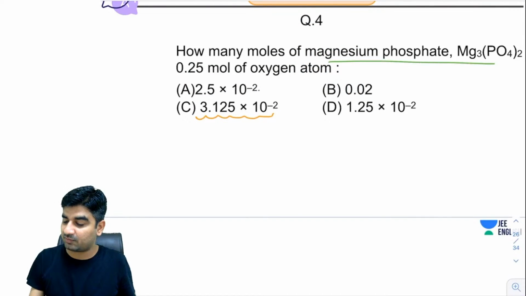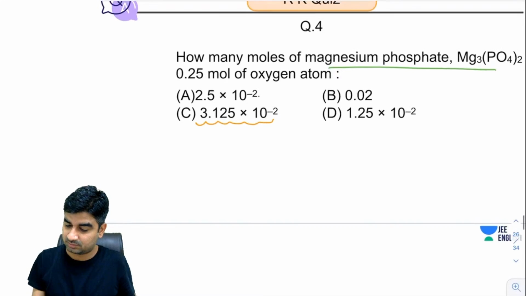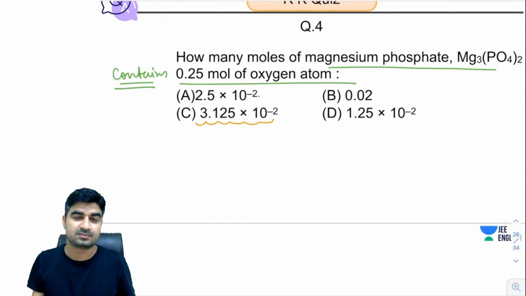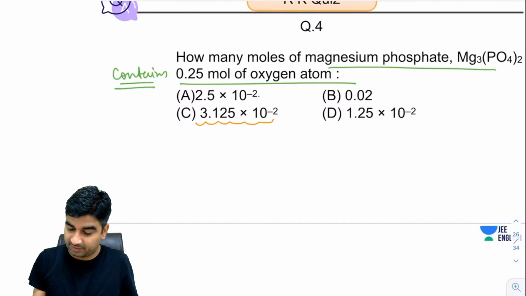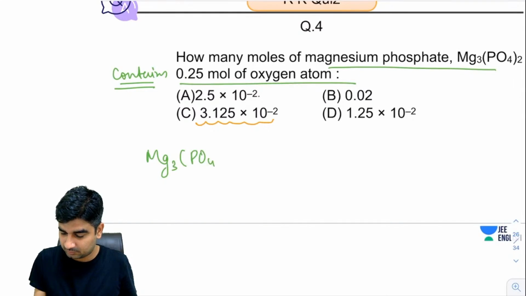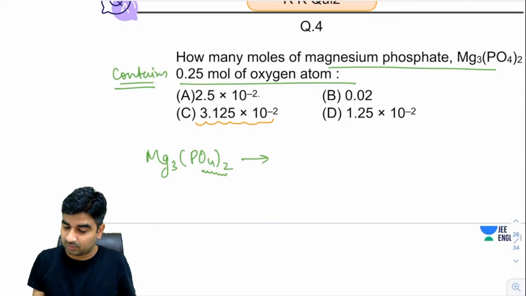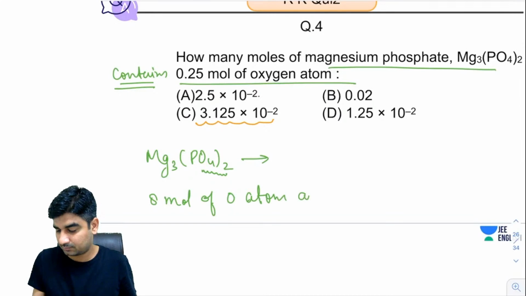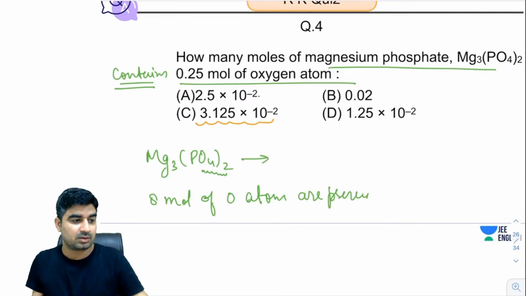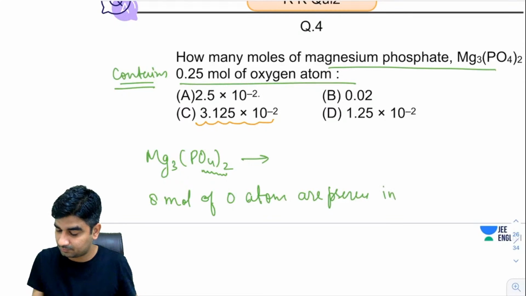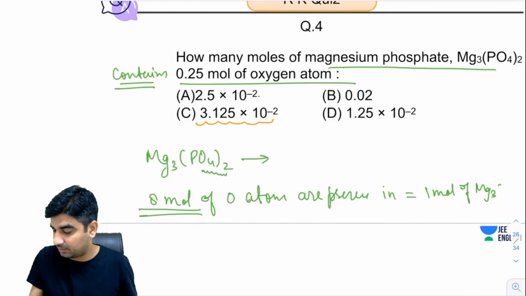How many moles of magnesium phosphate contains 0.25 mole of oxygen atom? So if I take, I can say 8 mole of oxygen atom are present in 1 mole of Mg3(PO4)2.